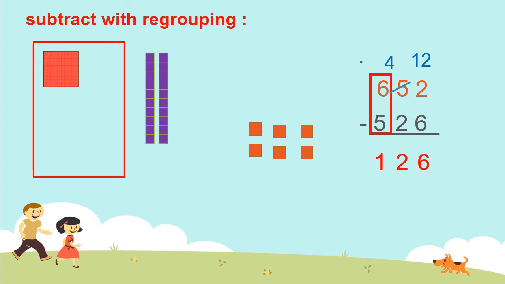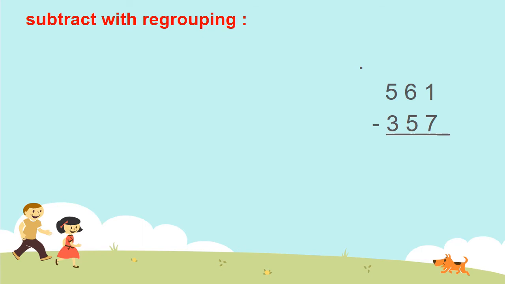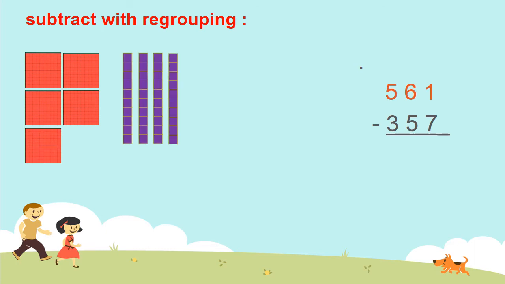Let's take another example. Now read the number first. 561. And this 357. Let's represent the first number, 561. These are 500s and 6 tens and 1 one.